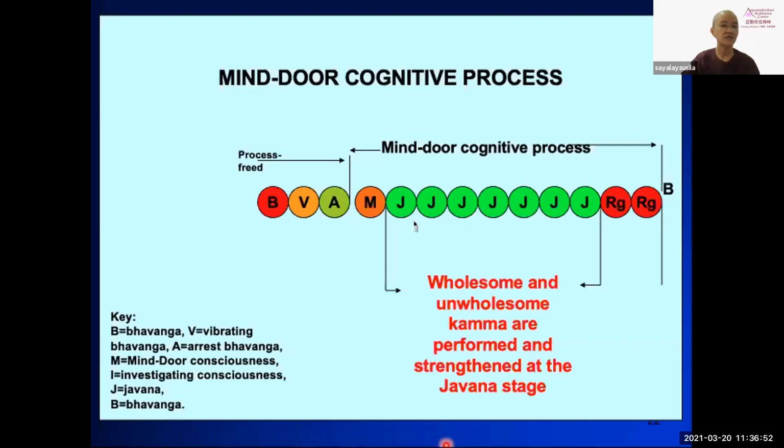Then the next one is called mindfulness. Mindfulness will determine whether wholesome consciousness or unwholesome consciousness arises. Okay, I will give you an example. Many years ago, when I was at London airport, at the time London was hit by a heat wave, and I had never experienced a heat wave in Malaysia.